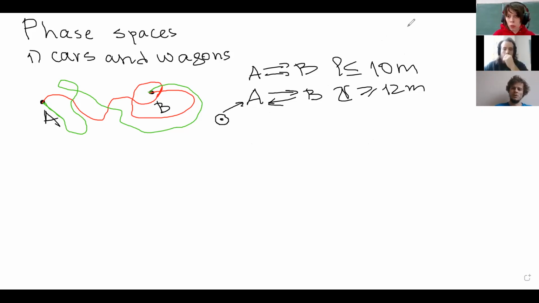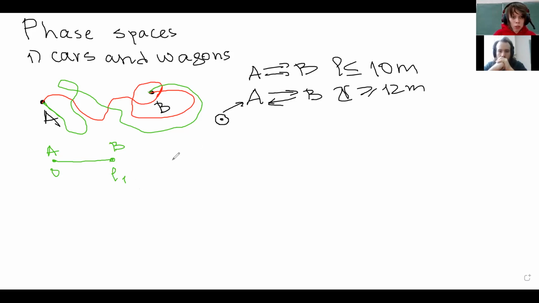And let's do the following. We will do a parameterization for every road. For example, for the green road from A to B, we identify this green road with a line segment from 0 to L1.